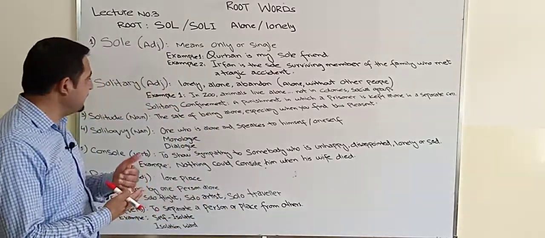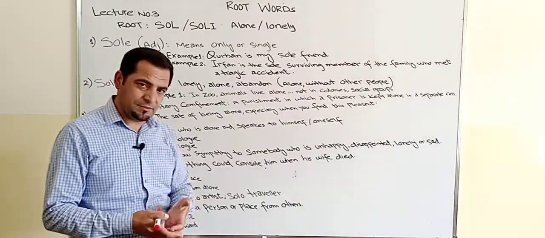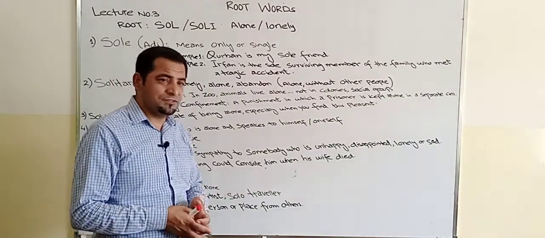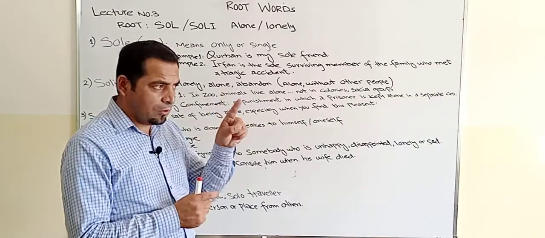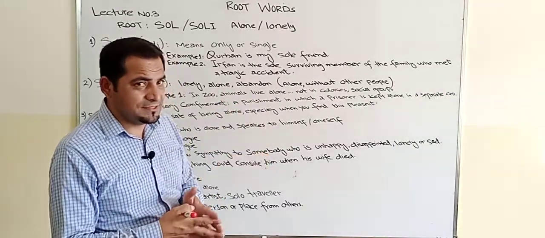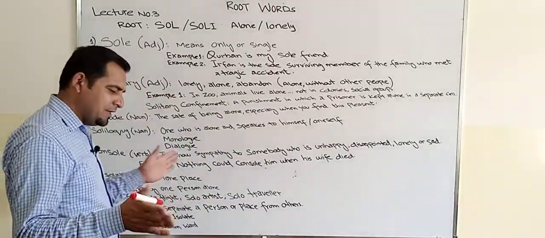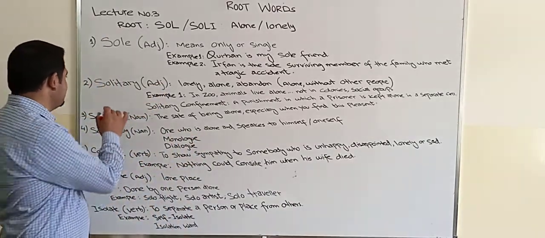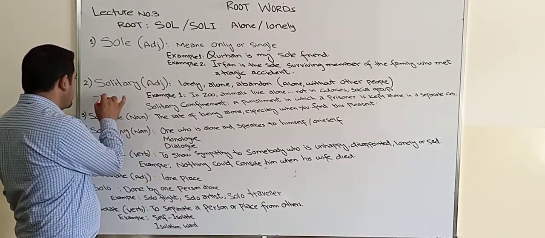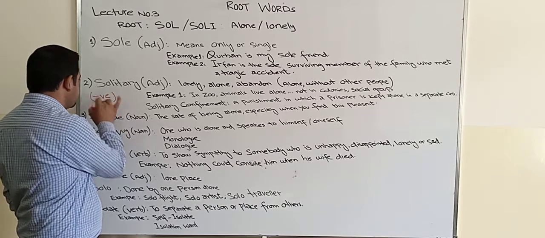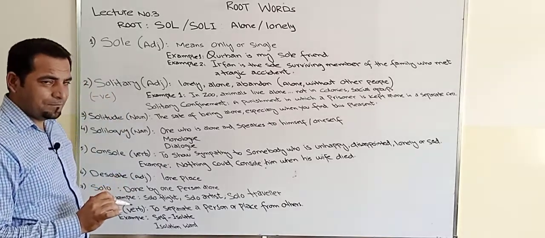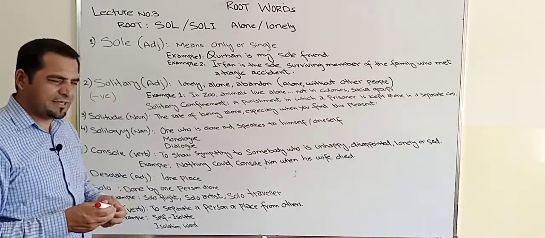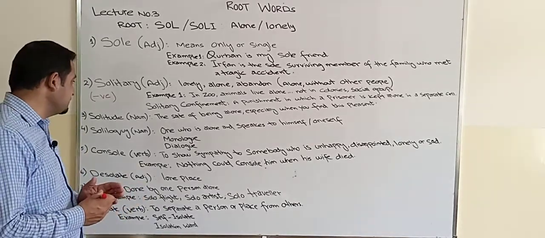What is solitary confinement? It's a punishment given to a person by keeping him alone in a separate cell. So by the way, solitary has a negative connotation, all right? So it's used in the negative sense, not in the positive sense.